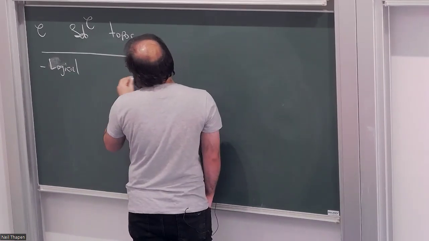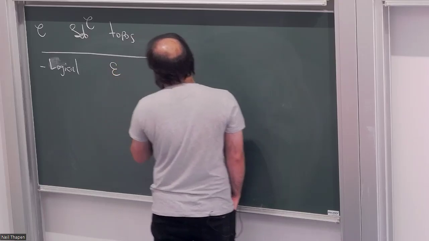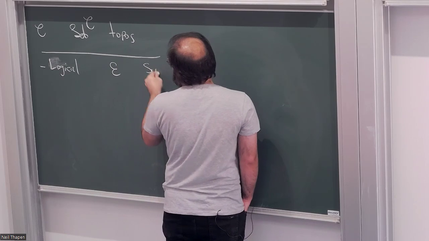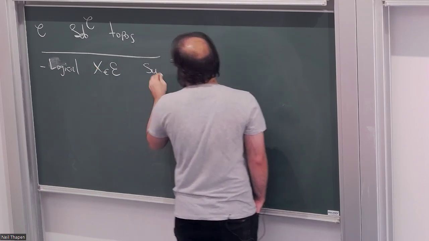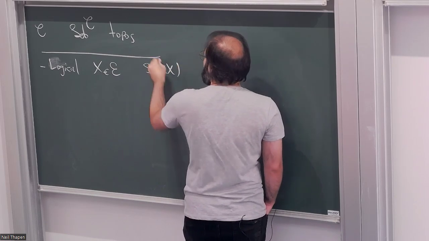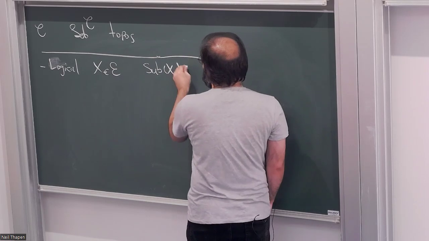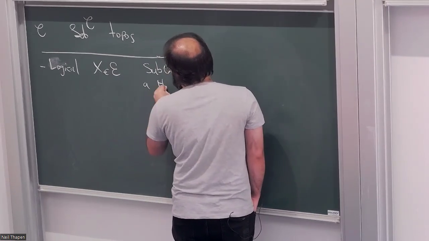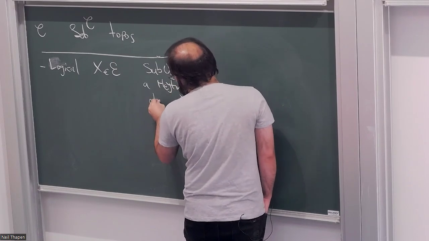So it was something like that: in any topos E and any object X, the lattice of all subobjects is a Heyting algebra. I didn't prove that, of course, but I claim that.